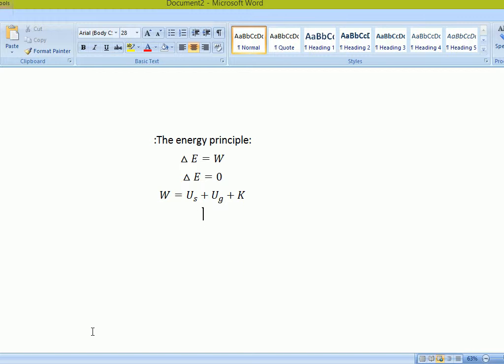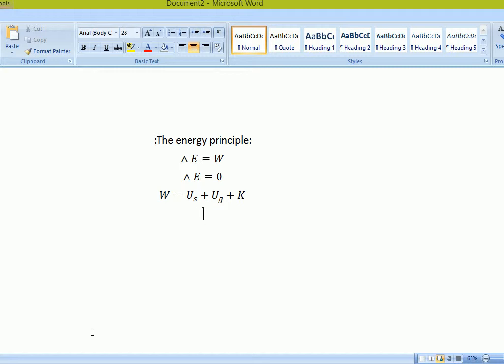If we consider the spring and the mass to be the system, and assuming that air resistance is negligible and there's no work done near the attachment point, that means there's no energy transfer between the system and the surroundings. So delta E equals 0 and the work must also be equal to 0.